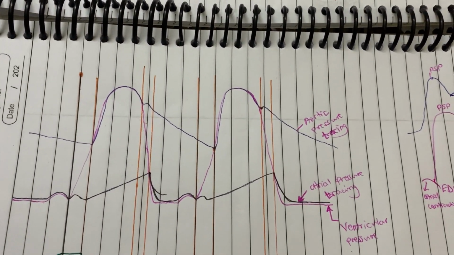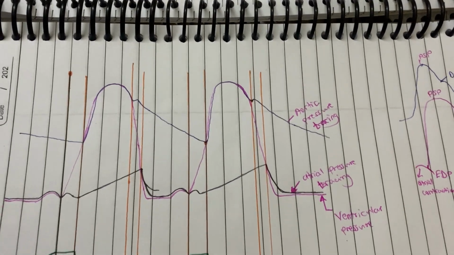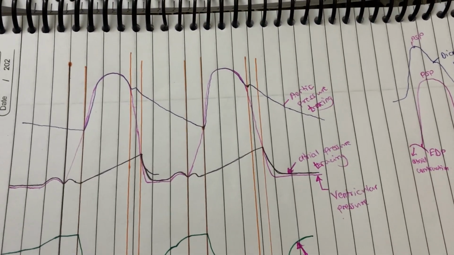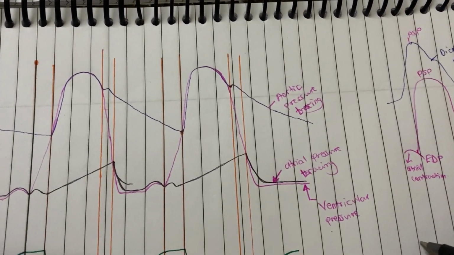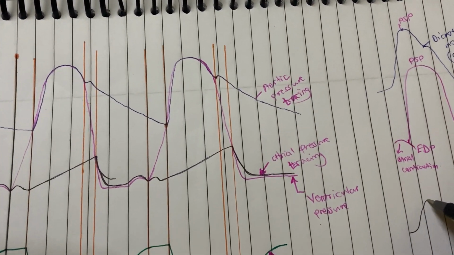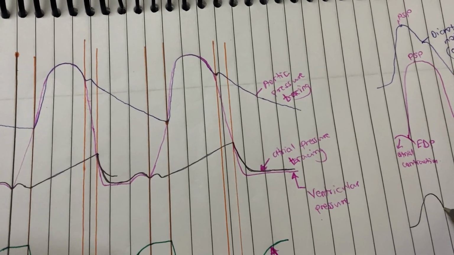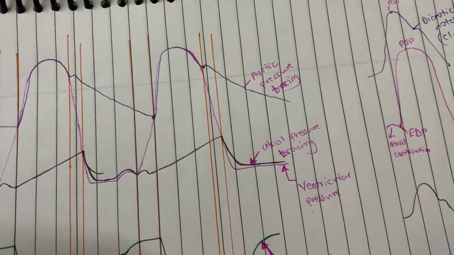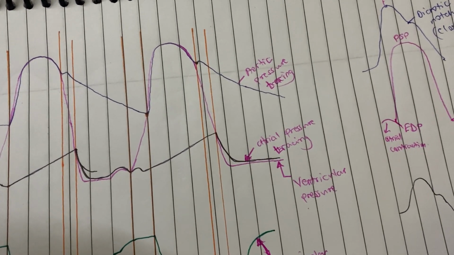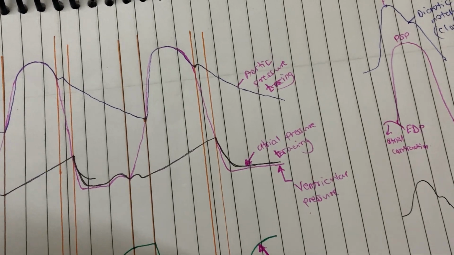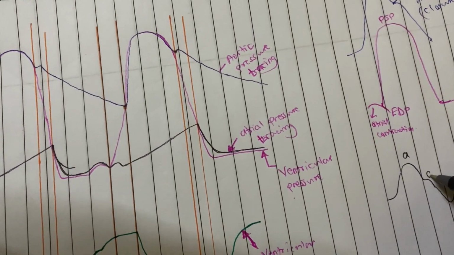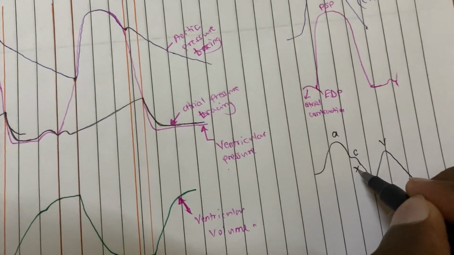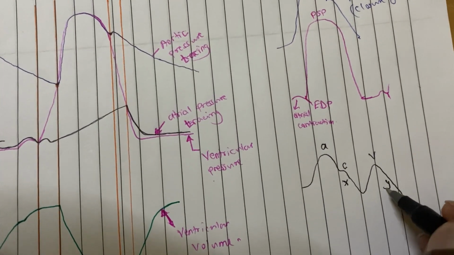Another one is the atria. It is in black. So for the atria it is like this. We have the A wave, C wave, and then the V. A, C, V. X descent, and then the Y descent.